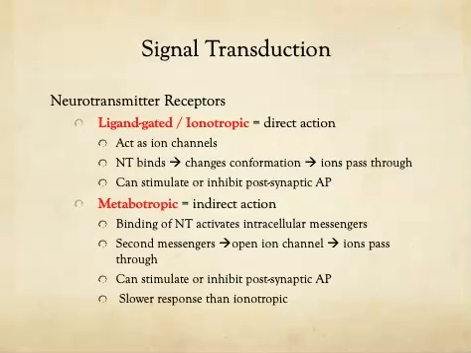So it all depends upon what receptor is present on the postsynaptic membrane. The neurotransmitter is going to bind to one or the other kind of receptor, depending on the neuron. We give these two different types of receptors names.